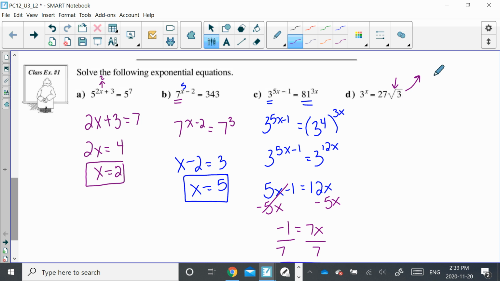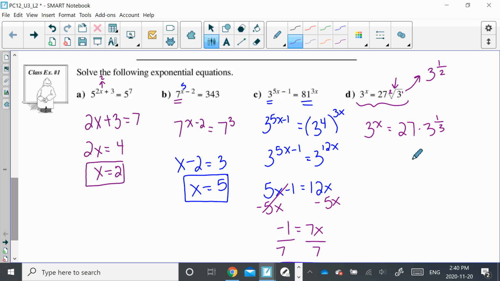So take it out of the radical sign, and you're basically doing your reverse flower power. So we know that that's root 2 and a power of 1. So roots go on the bottom and powers go on top. So rewriting this entire thing, it would be 3 to the x is equal to 27 times 3 to the power of 1/3.